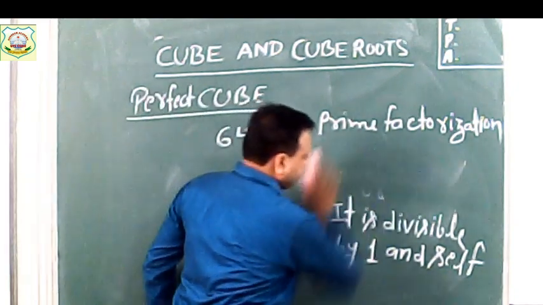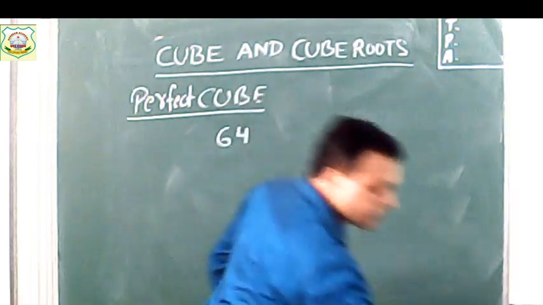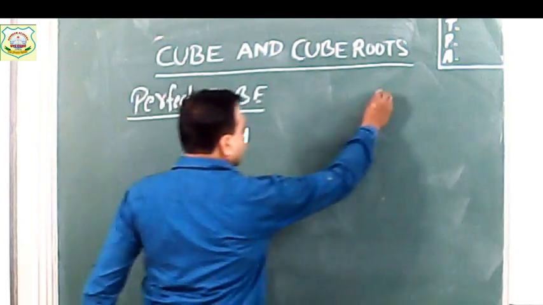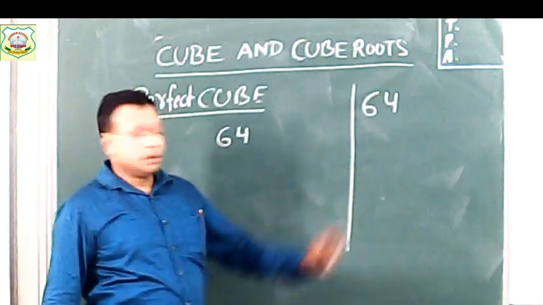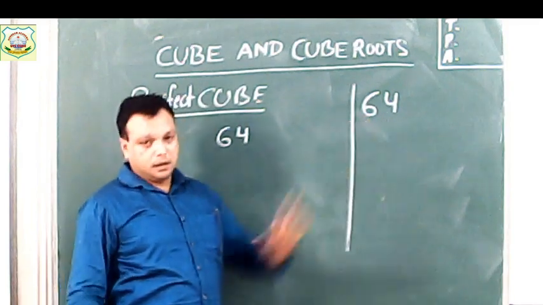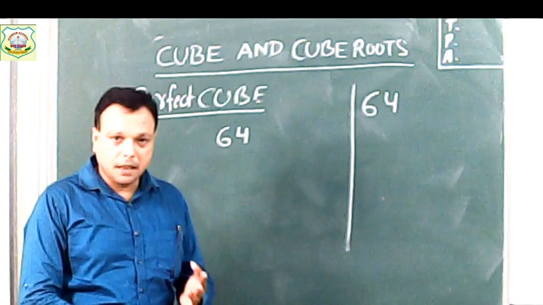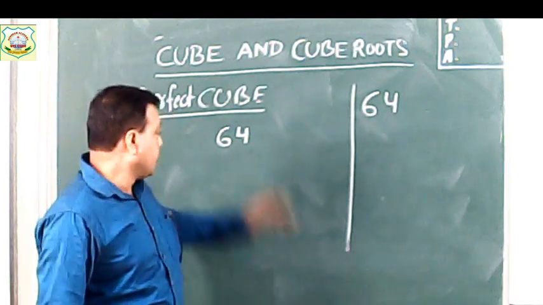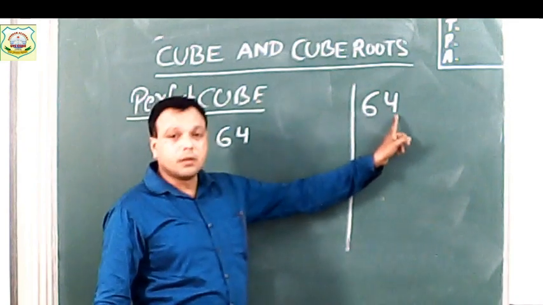So when you want to find the factorization of 64, there are many prime numbers: 2, 3, 5, 7, and many more. For 64 we will see the divisibility test.